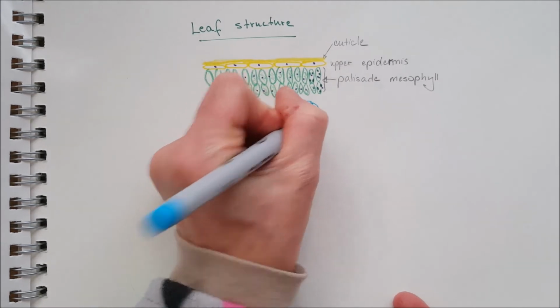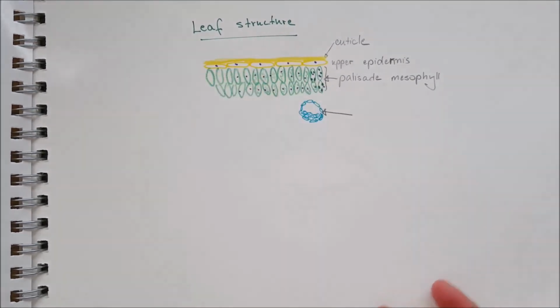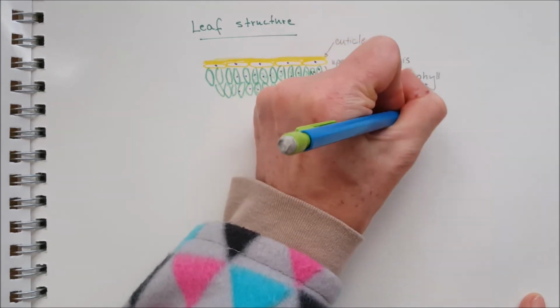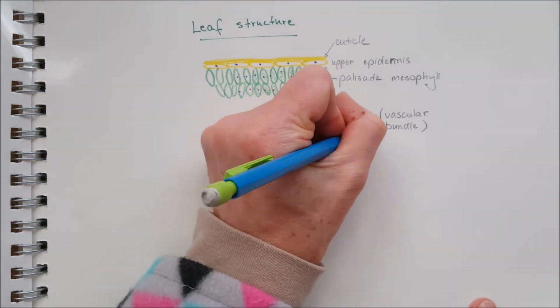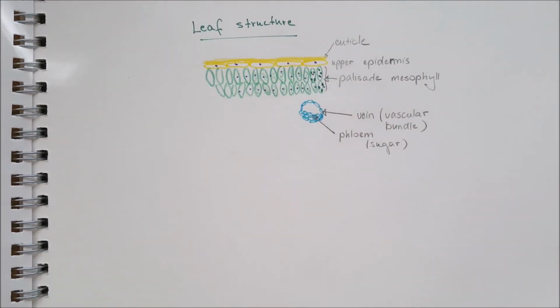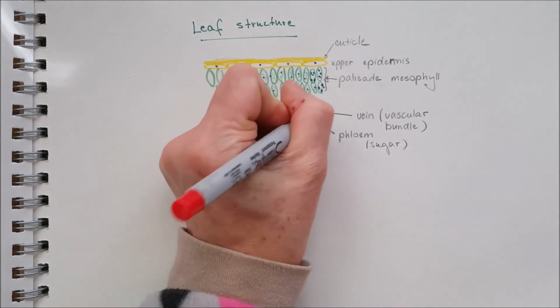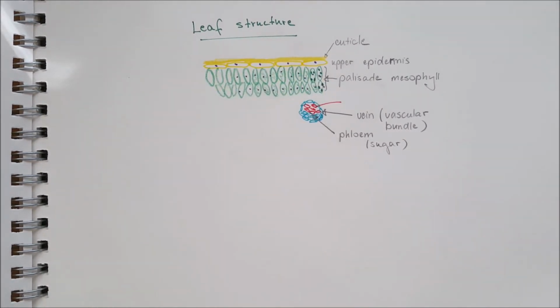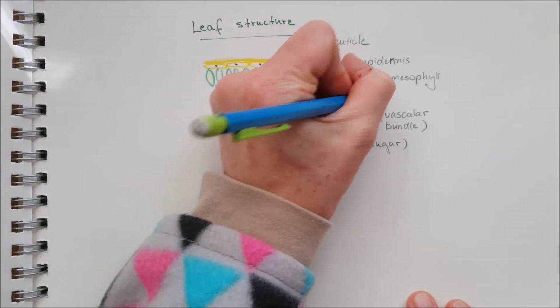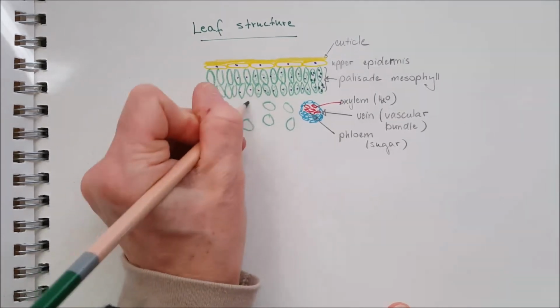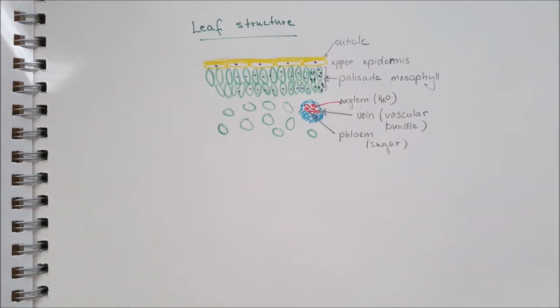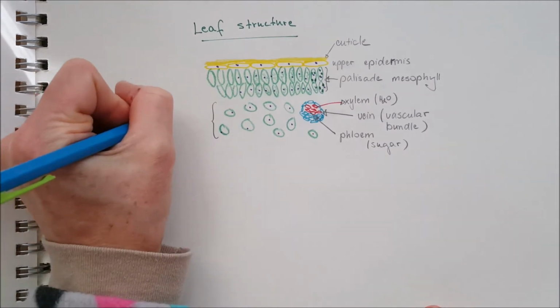Below the palisade mesophyll is what I'm drawing, the vascular bundle. It's like the vessels for the plants, like the artery and vein for the human body, but here we call it the vascular bundle, that contains the phloem that transports sugar from the leaf to other parts of the plant, as well as the xylem that transports the water from the roots to all around the plant.